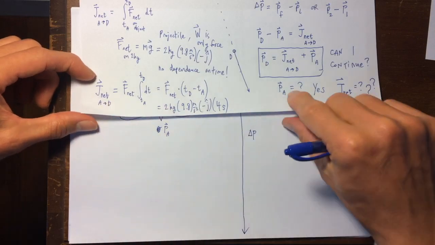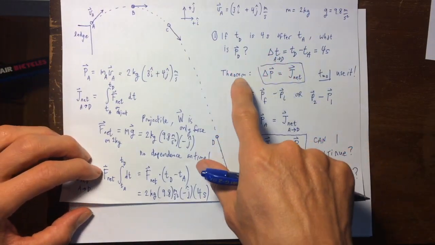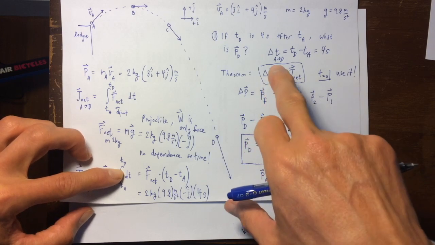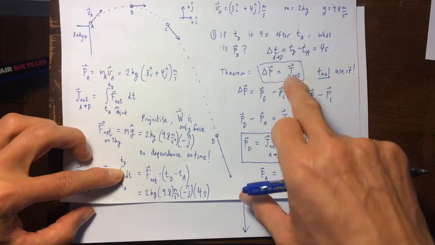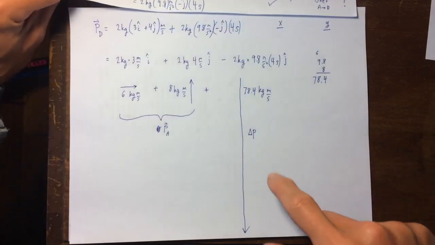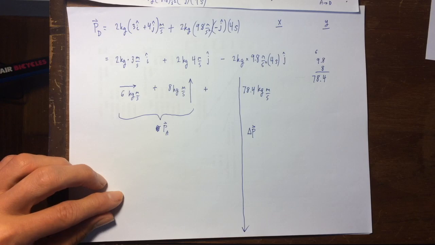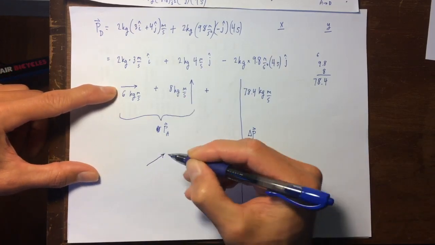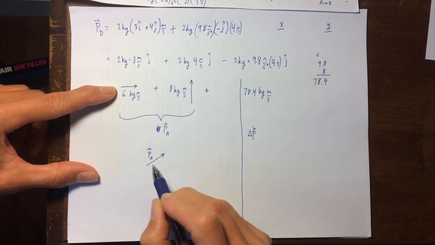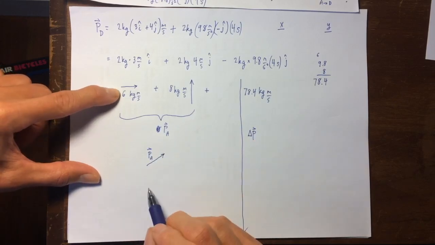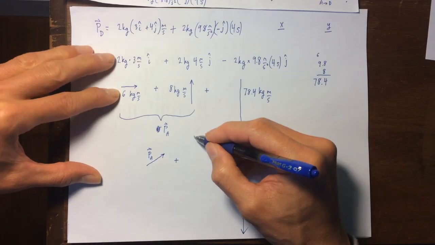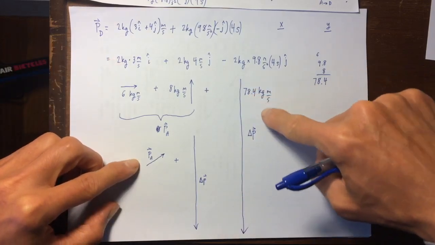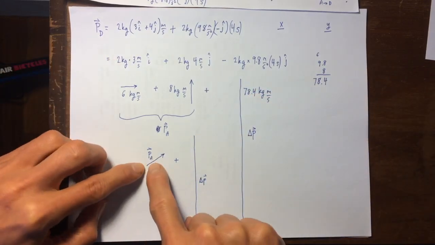The Impulse Momentum Theorem says that if you are able to calculate the net impulse, what you know is that the momentum will change by that amount that you calculated. So this is the change in the momentum. So we start with this arrow. This is P sub A, right? It's 6, 8 up, and we are adding on this arrow, delta P, which is the 78.4 down.